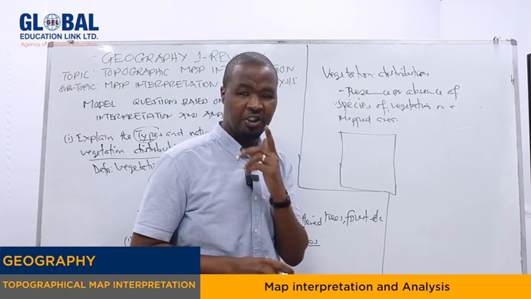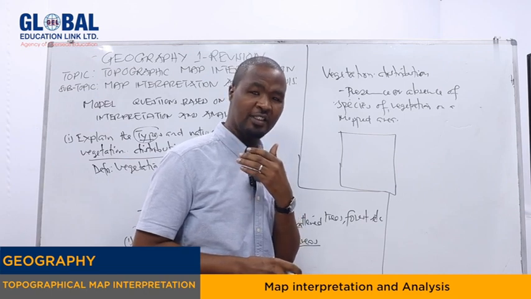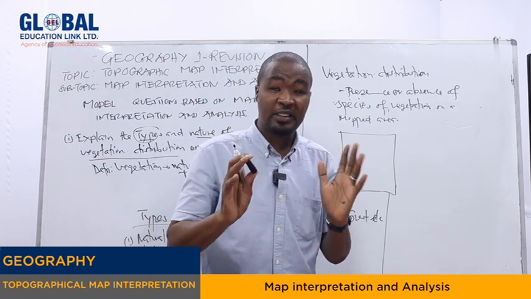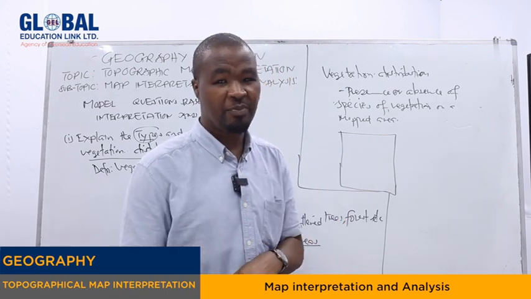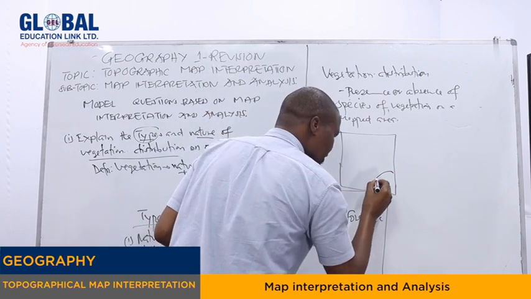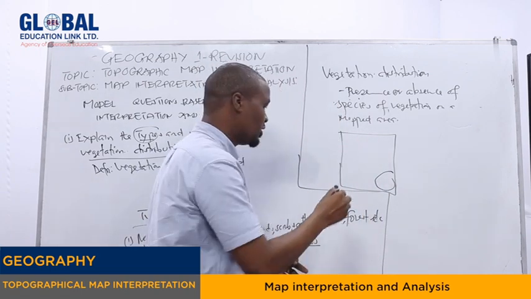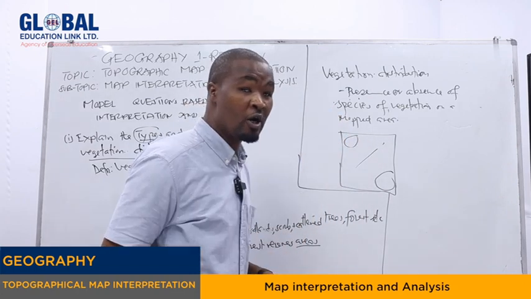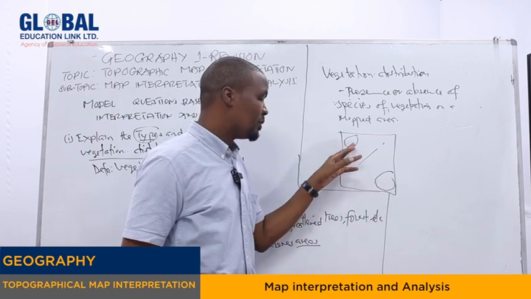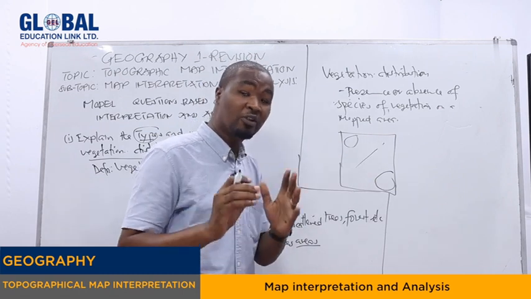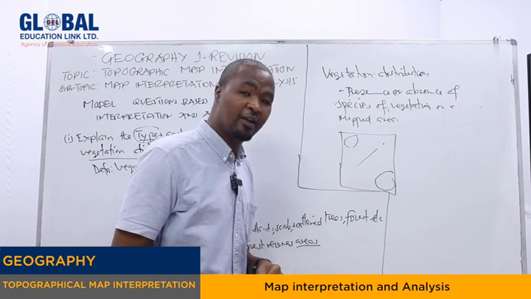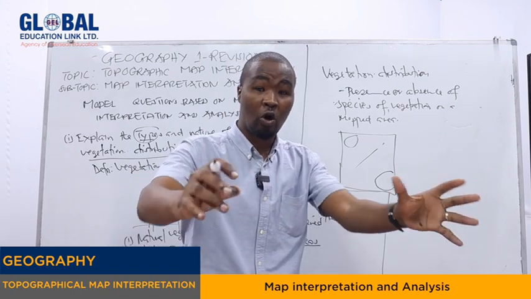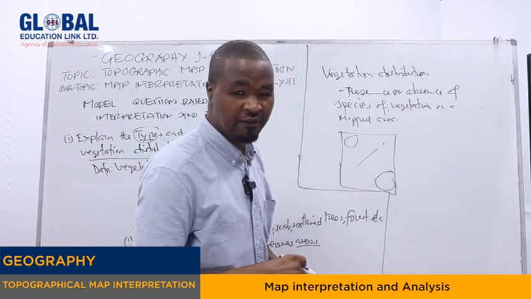So vegetation distribution by definition refers to either the presence or the absence of a particular species of plants on a mapped area. It means the presence or the absence of a particular plant species on a given mapped area, we call it the vegetation distribution. How are vegetation species distributed all over the mapped area? That's the vegetation distribution.